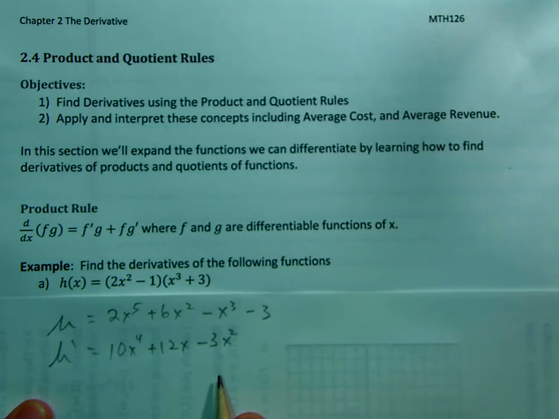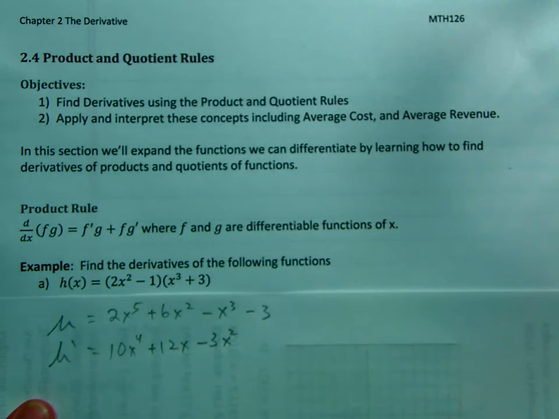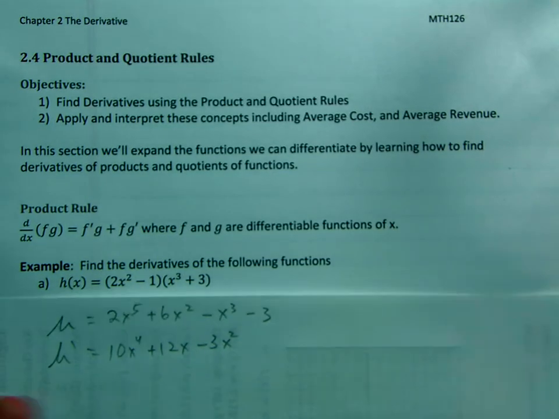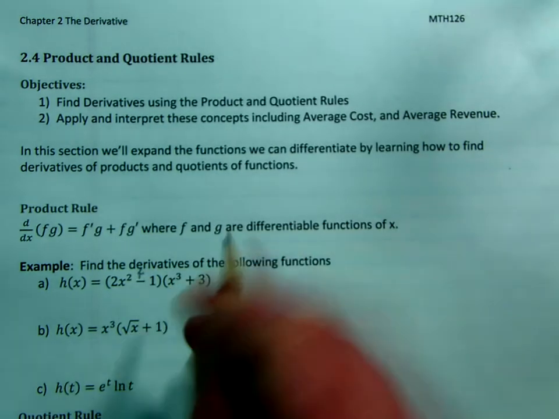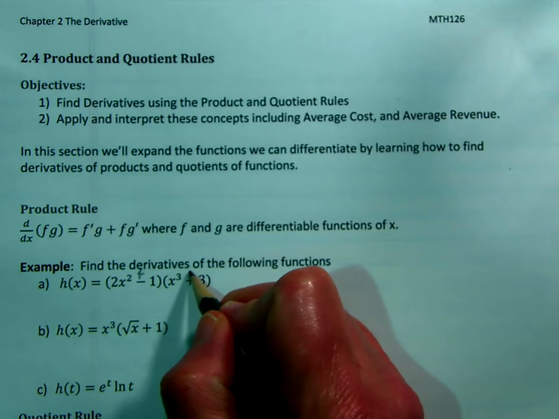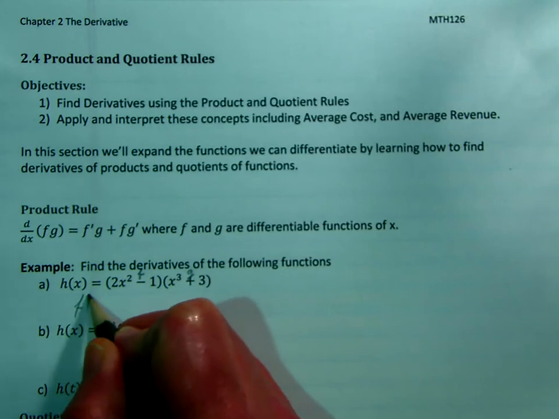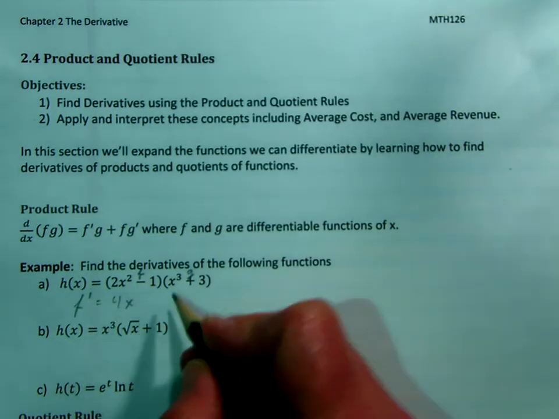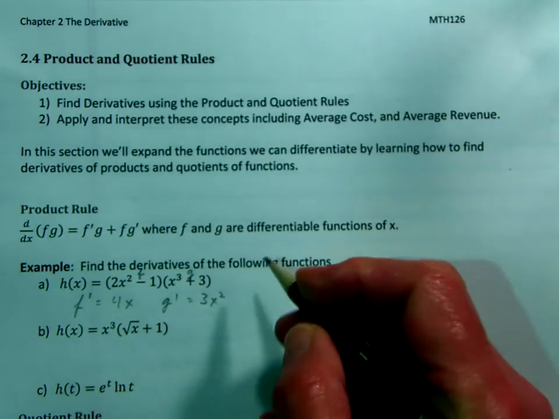Okay, let's go ahead and find the derivative of h using the product rule, and then we'll revisit our work here. So let's let the first quantity be the function f, and the second quantity be the function g. Then f prime would be 4x, and g prime would be 3x squared.